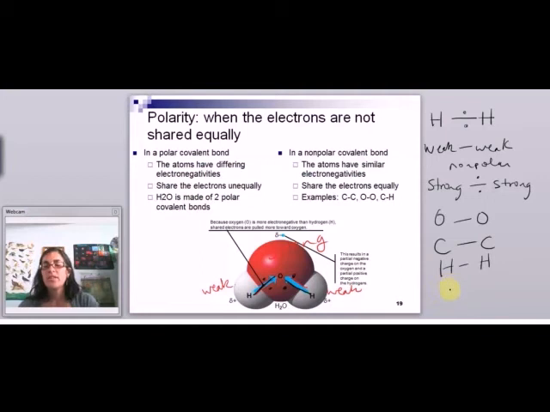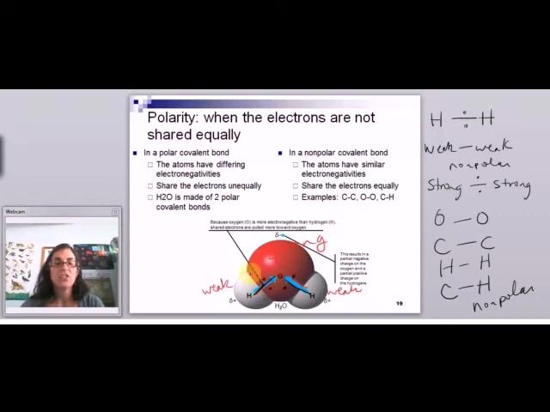The one that we're going to see a lot of, where you have two different atoms that's still nonpolar, is carbon to hydrogen. So this is still a nonpolar bond. Carbon and hydrogen have low electronegativities, and they're about the same. So it's basically a weak to weak one. So you have no partial charges on a carbon to hydrogen bond. Just to summarize, polarity is when electrons are not shared equally because you have differences in electronegativity.